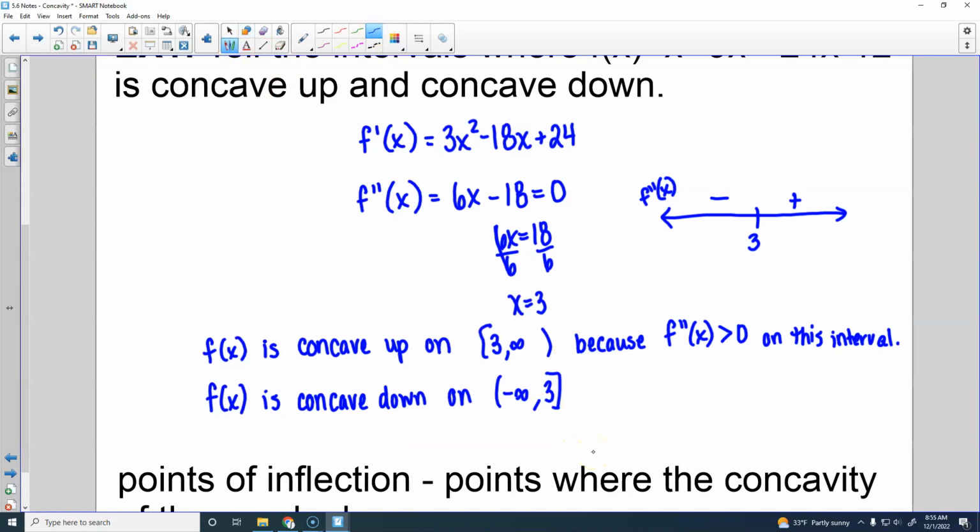I also am pretty sure that this is one of those things where they're not actually going to count off if you get the brackets versus parentheses wrong, because there is some debate, I believe. I guess I should put or equal to on this interval. So it's a lot like your increasing, decreasing, but you're looking at that second derivative.